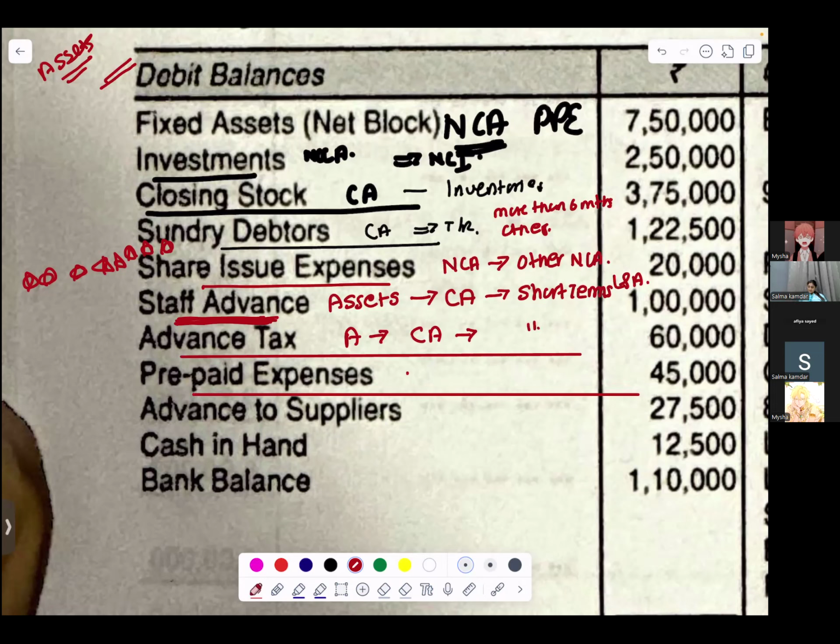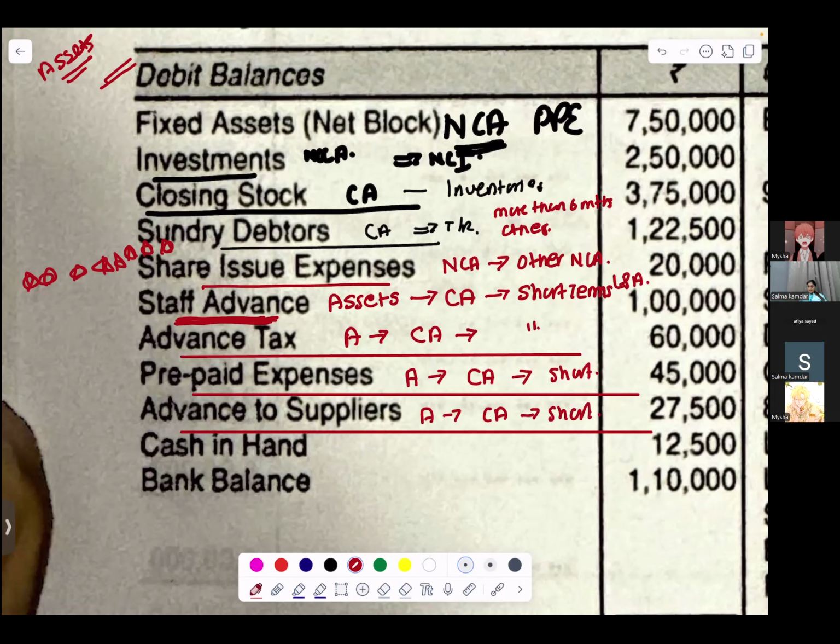Short-term loans and advances. In assets, current assets, short-term loans and advances. Where will advance to suppliers go? Short-term loans and advances. Assets, current assets, short-term loans and advances.